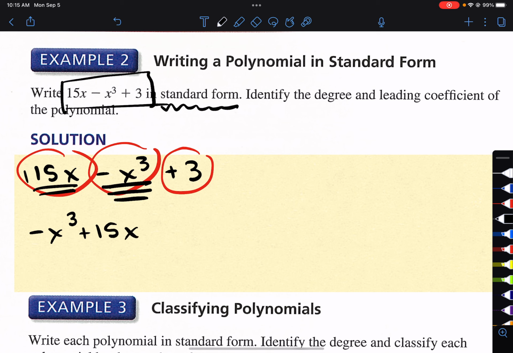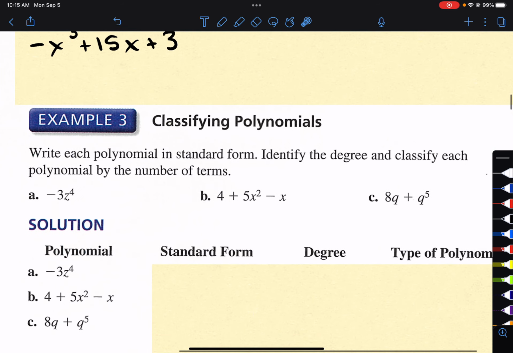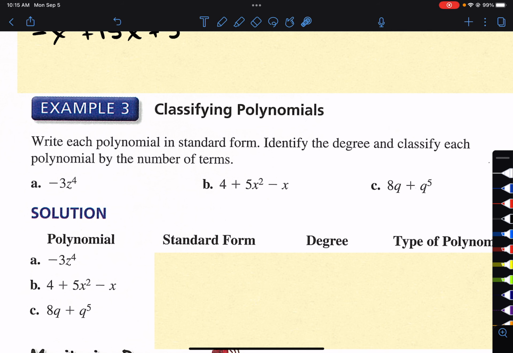And even though there's not a plus in front of it, it's a positive 15x, so it's like there's a plus, right? And then my last one would be the plus 3. So standard form, you just work your way down from the largest exponent, and then you always end with a constant, something that doesn't have an x or a y connected to it. So this would be my standard form. Pretty simple, right?